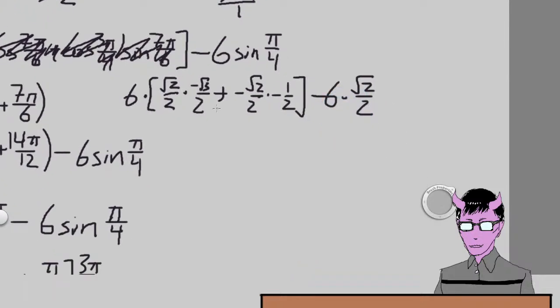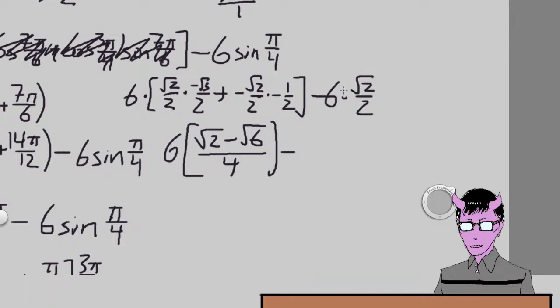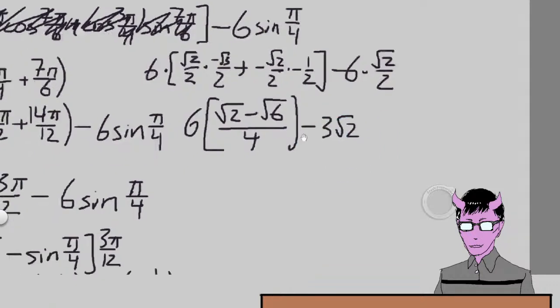So, let's resolve this. That's going to be negative times negative, so that's all positive. So this is going to be positive root 2, and then minus root 6, all over 4, times 6, brackets. And this one, this is a minus, not a times, so 6 partially cancels with a 2, giving us a 3 root 2.